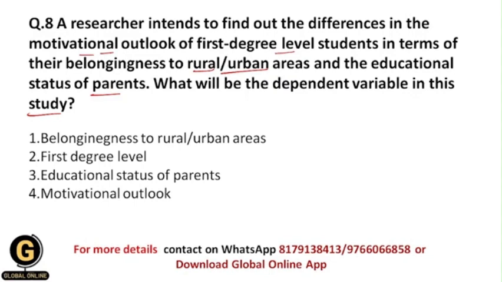That's why your correct answer should be 4, that is motivational outlook, because the dependent variable is the effect variable and it depends upon the independent variables. So whenever we change the values of the independent variables, automatically the values of the dependent variable will change. That's why your correct answer should be 4, that is motivational outlook.